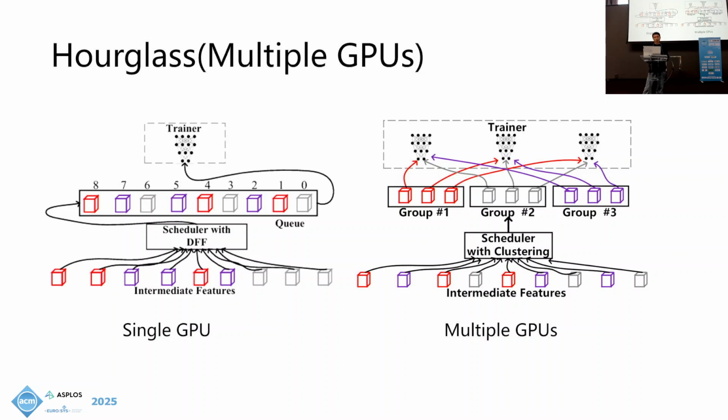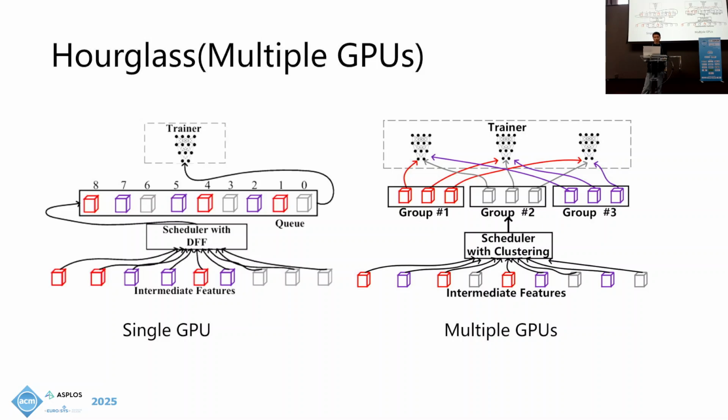In the multiple GPU setting, the scheduler will use some clustering method to group the similar intermediate features into the same cluster, and then assign the intermediate features to the server-side models for the next training.